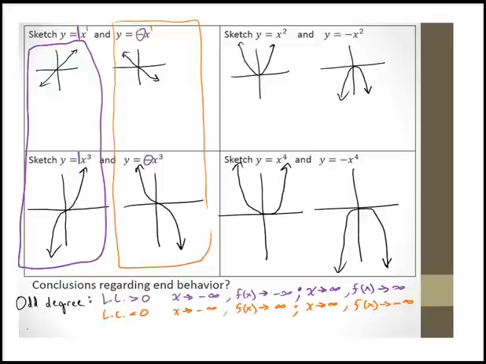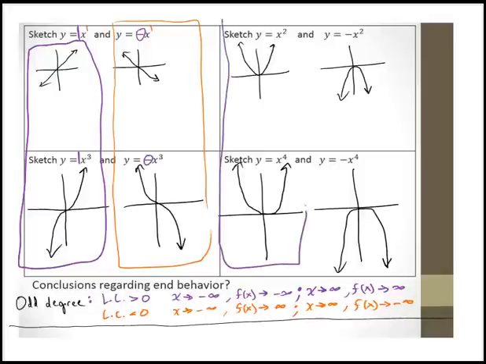Whereas now if we consider the even degree polynomials, notice that y equals x squared and y equals x to the fourth had the same end behavior on both sides, up and up. So for an even degree with a positive lead coefficient, as x approached negative infinity, the function approached infinity.